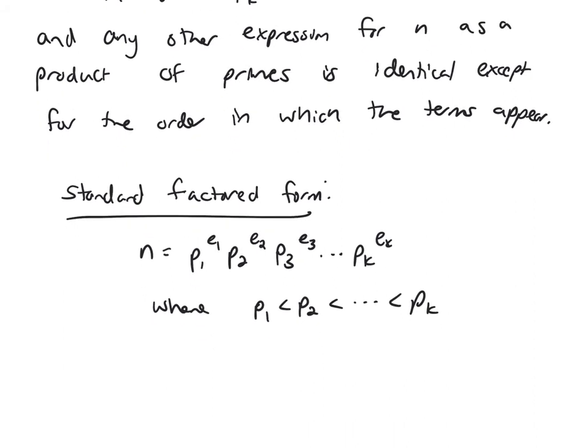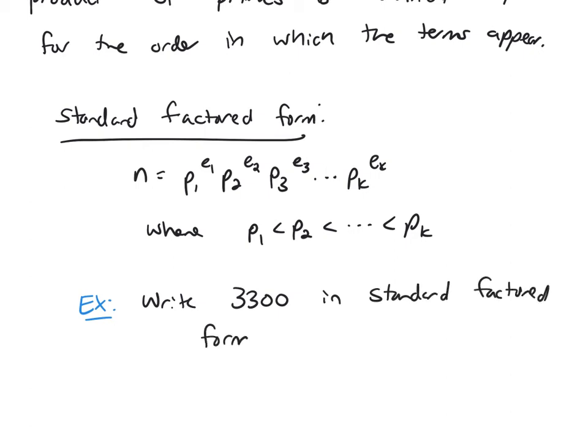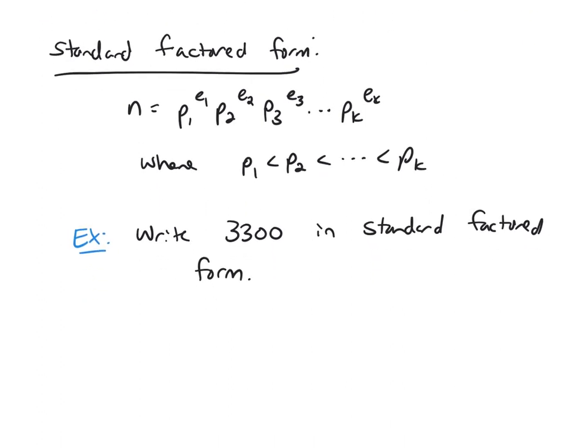So let's look at an example. Let's write 3,300 in standard factored form. So 3,300, there's 2 zeros, which means this is 100 times 33.